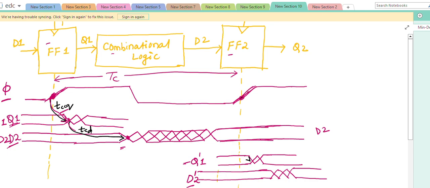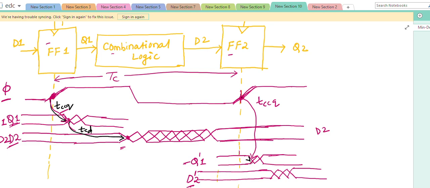Previously this was the output. Now in the second rising edge, the new D2 dash will come. At the rising edge, after some time Q1 dash changes, then after some time it becomes stable. The time from the clock to when Q1 dash starts changing is known as TCCQ, the contamination delay from clock to Q. Then this Q1 dash is given as input to the combinational logic.